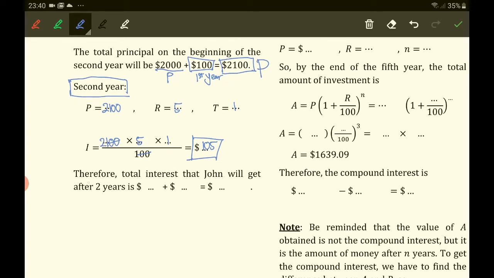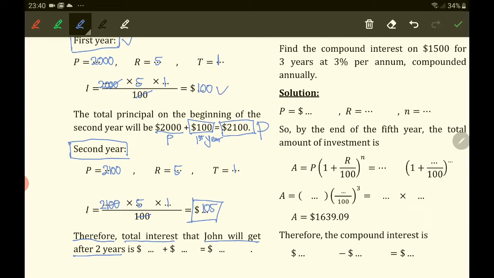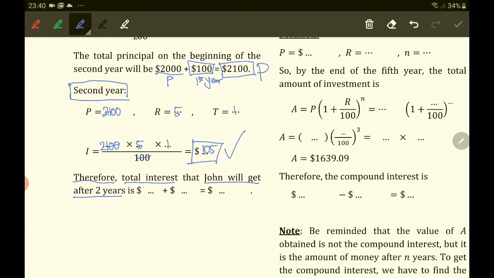Therefore the total interest John will get after 2 years is $100 plus $105, which is $205.